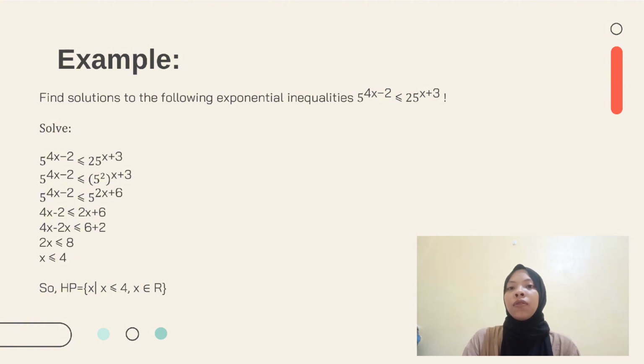find the solution to the following exponential inequality. 5 to the 4x minus 2 is less than or equal to 25 to the x plus 3.